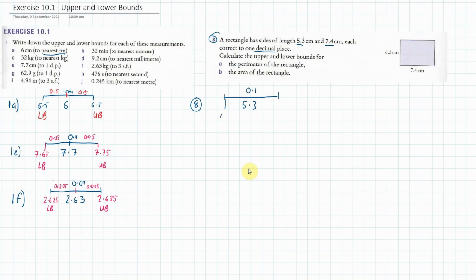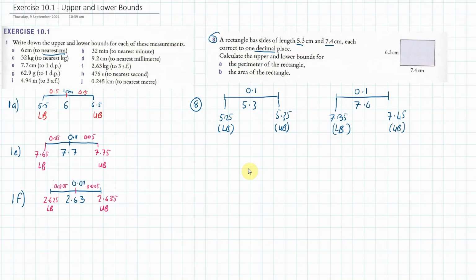So our lower bound will be 5.25 and our upper bound will be 5.35. And then with the other dimension, which is 7.4 centimetres, we're going to divide that up into upper and lower bounds. We're going to take 0.05 off, so 7.35 is our lower bound, and 7.45 is our upper bound.